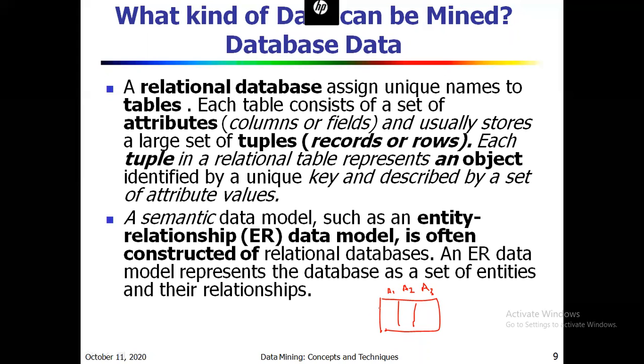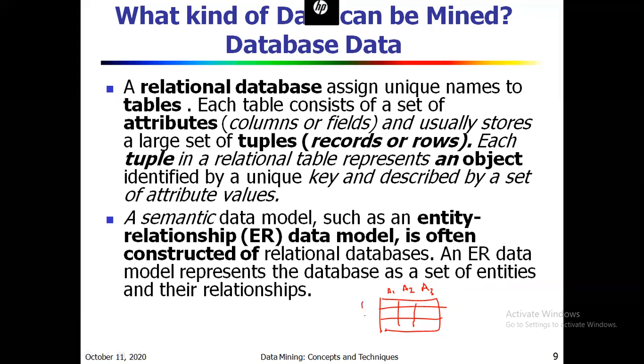These rows are the tuples which identify the objects with a unique key.